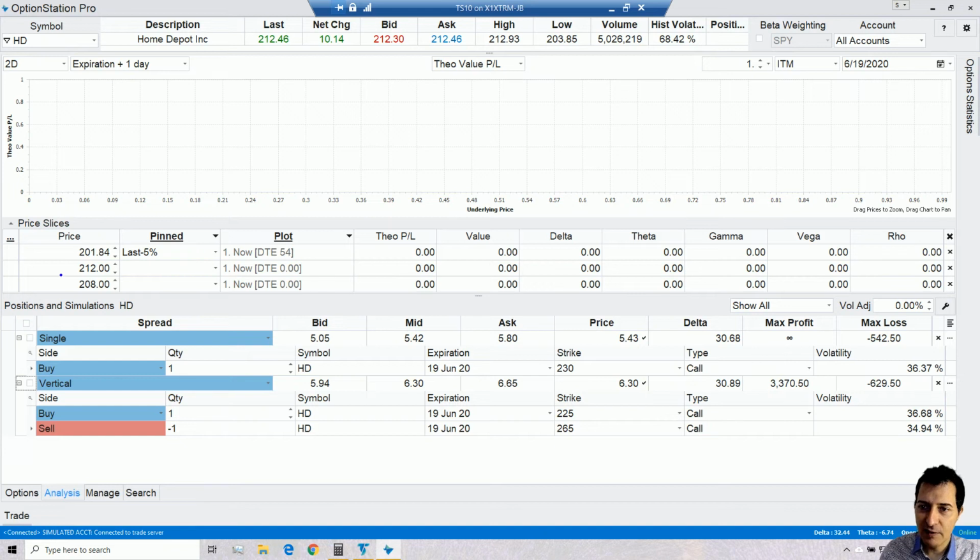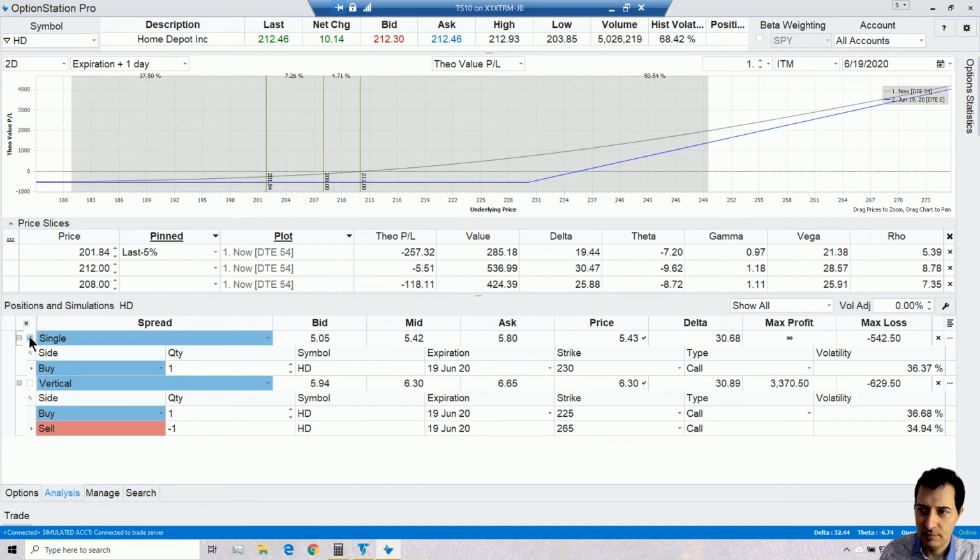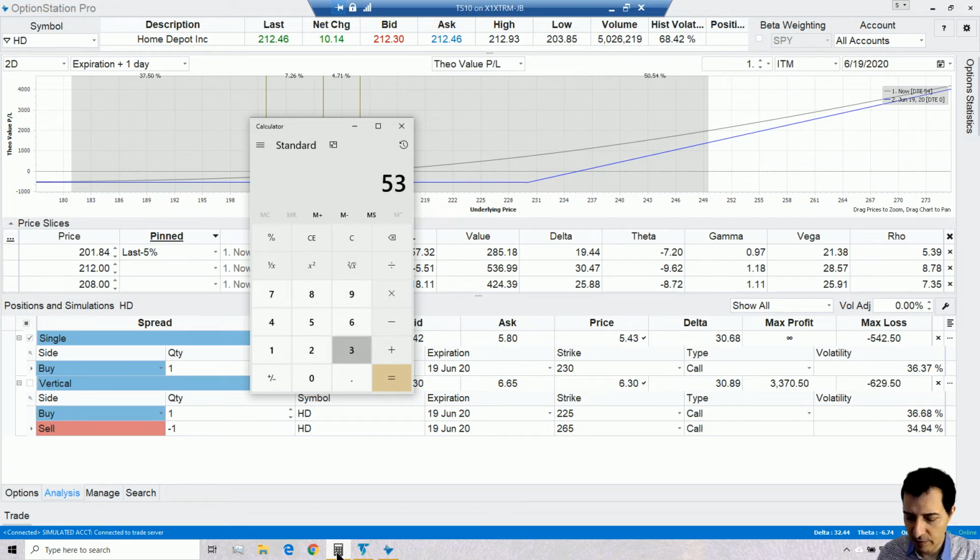If 212 is my entry and 208 is my stop, and I use a single option, I will pay $536.99 to get into the trade, and if I get stopped out, I will need to exit the trade and get paid $424.39. The difference between those two values would be the size of my loss. So I would lose $112 in this trade.